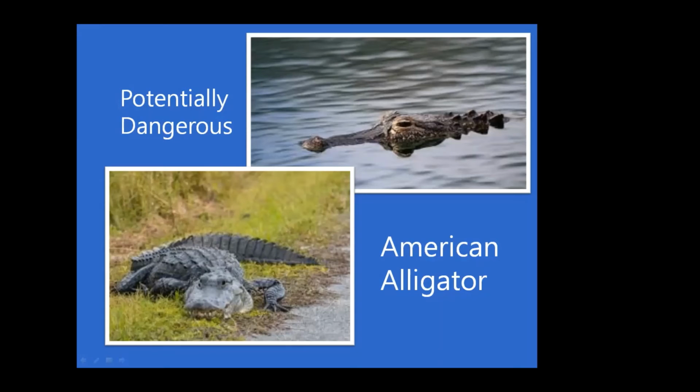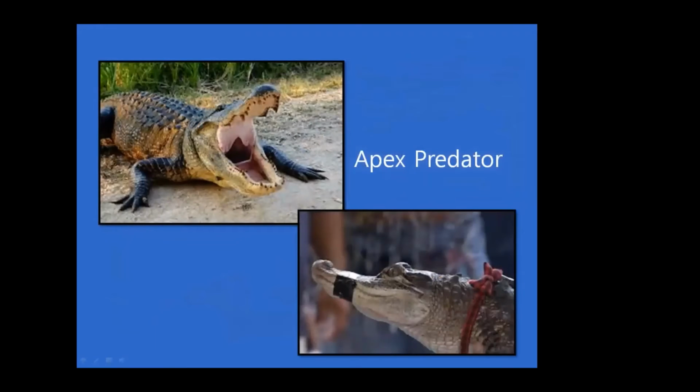Where I live, there are some ill-informed people who declare them a nuisance, which means they just are there. Removing an alligator just creates a vacuum for another alligator to move in, so it's really foolish. They do get removed, and they are not relocated.